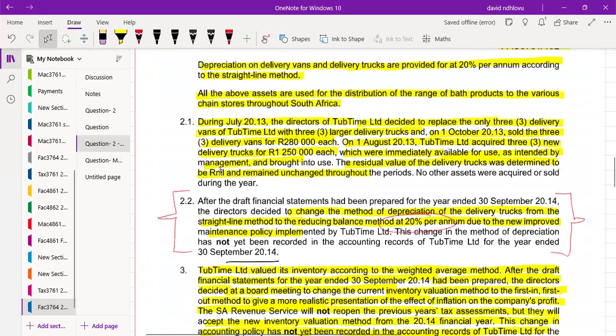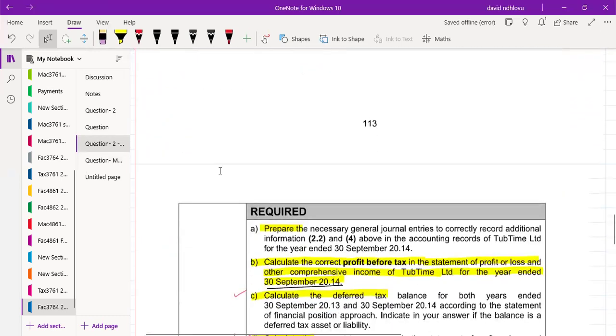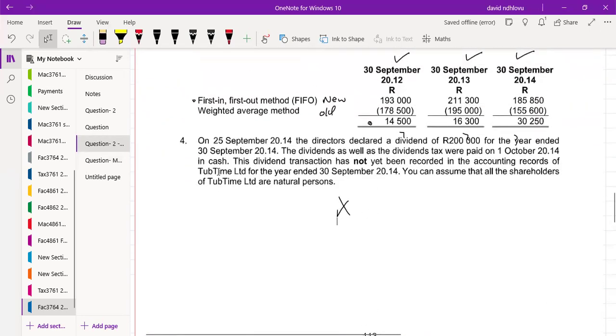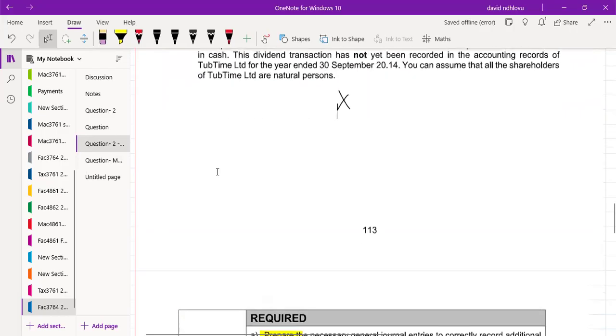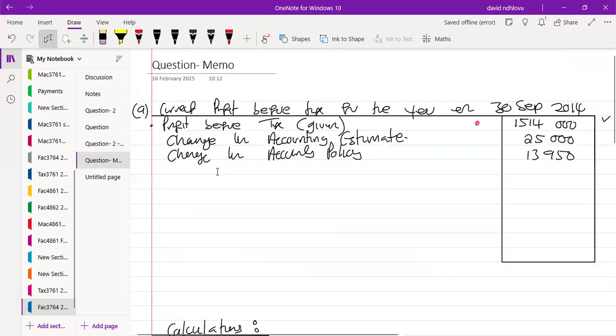Right, we need to continue and say, is there any other error that we can pick from the question? There was no other error in the question. So therefore, with our requirement number 1, we will be done.